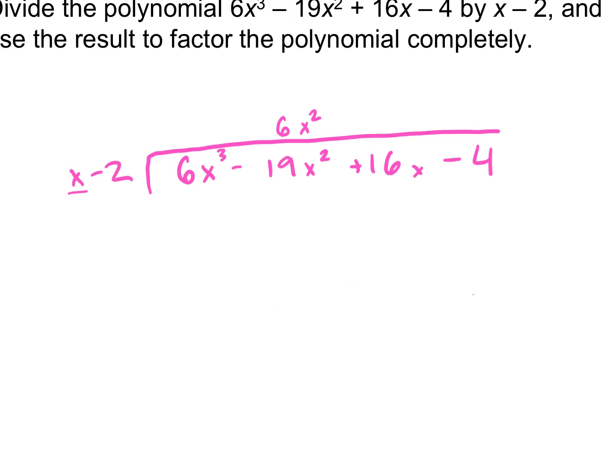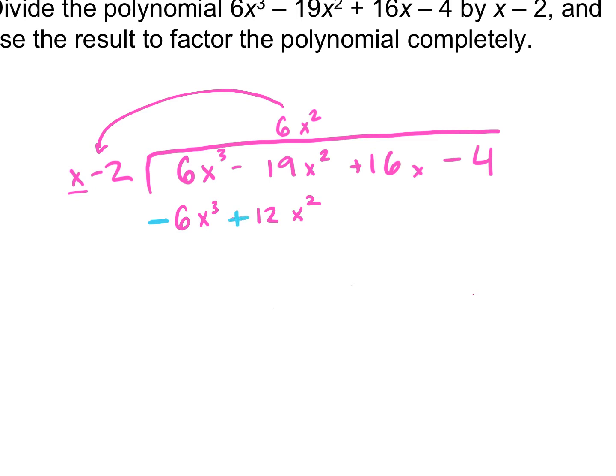So then, whatever we put on the top, we multiply it with what's outside. So 6x squared times x would be 6x cubed. 6x squared times negative 2 would be negative 12x squared. Then we change the signs here.